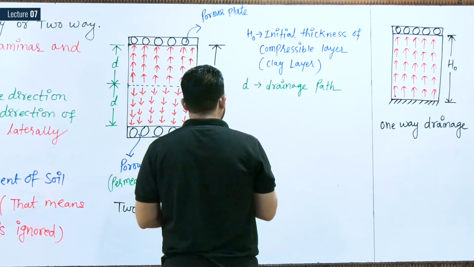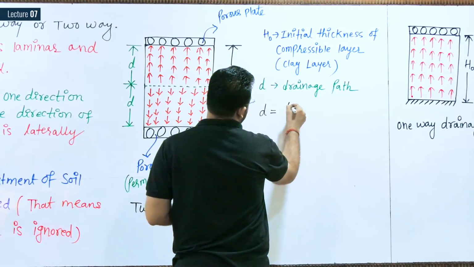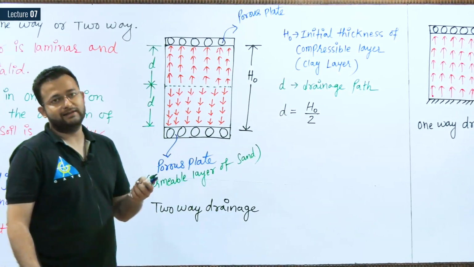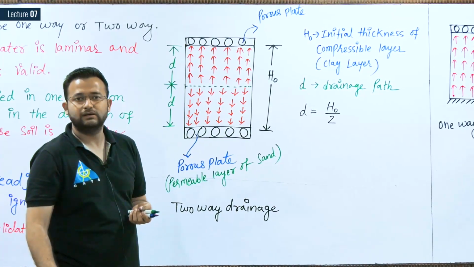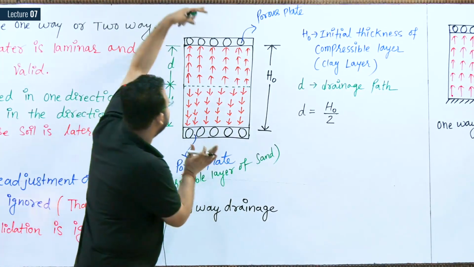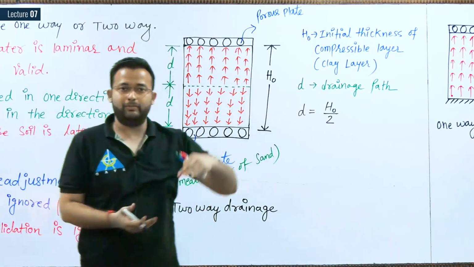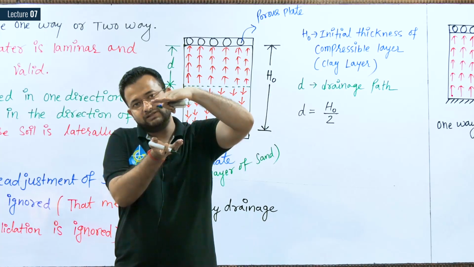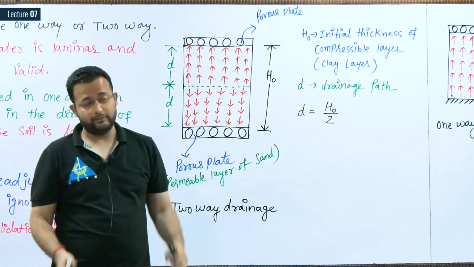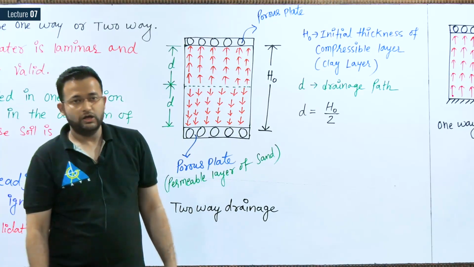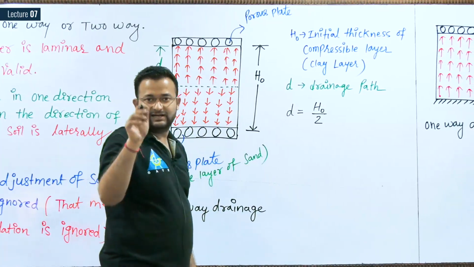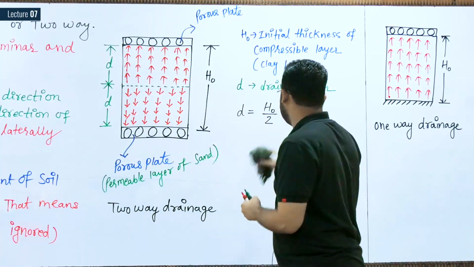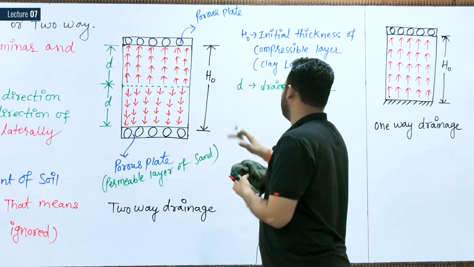So in the case of two-way drainage, D will be equal to H0 by 2, right? If you are thinking like this, then it is wrong. Why, sir? Because we are going to apply the load. During this load, the volume of soil will reduce, meaning the height of soil will reduce. Let me assume the settlement is delta H. If settlement is delta H, then this will not be the drainage path.